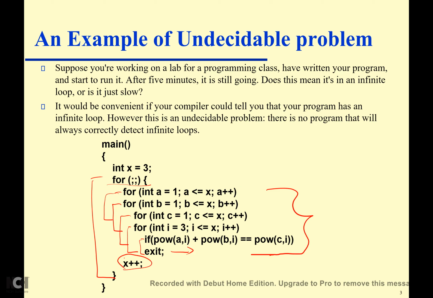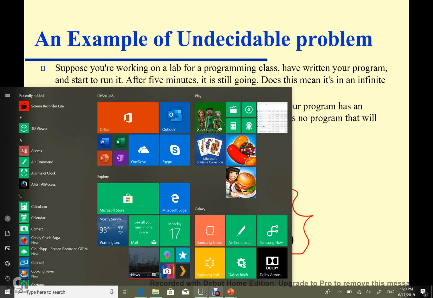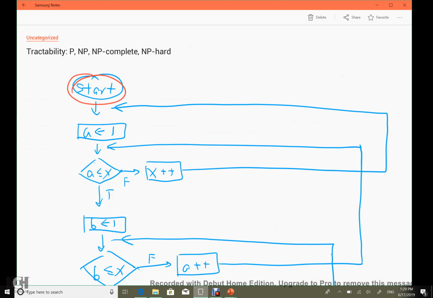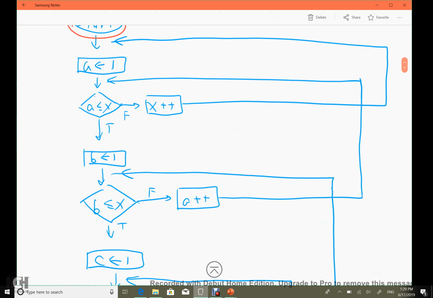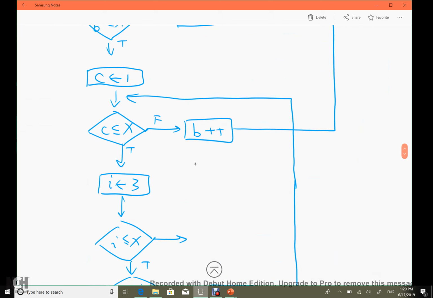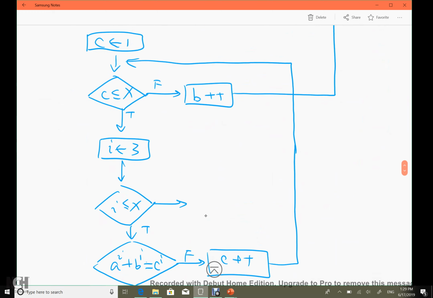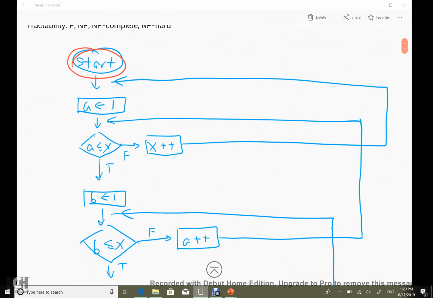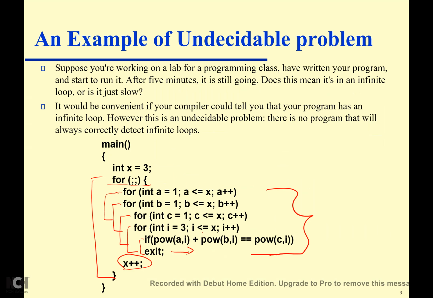Everything looks fine. But when we put it in the flowchart, it's the same as this statement. When we try to analyze to see what the results are, we found out this is an infinite loop.